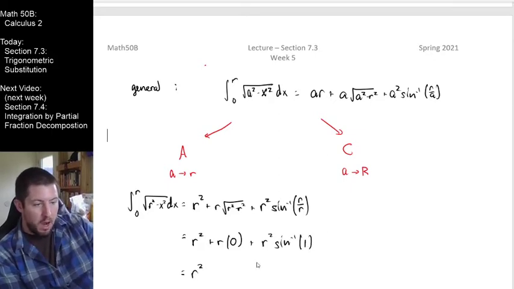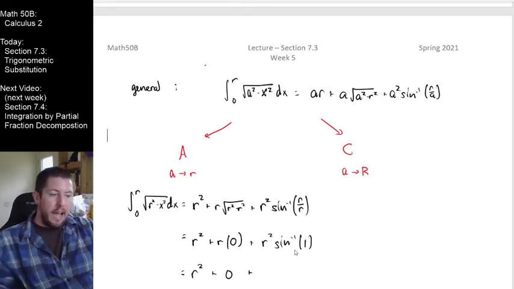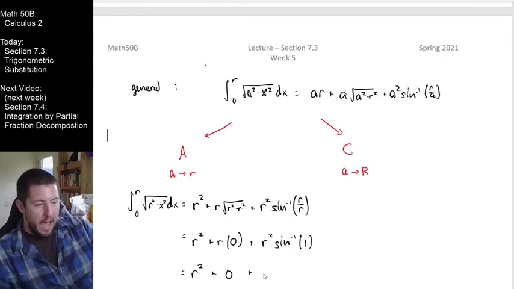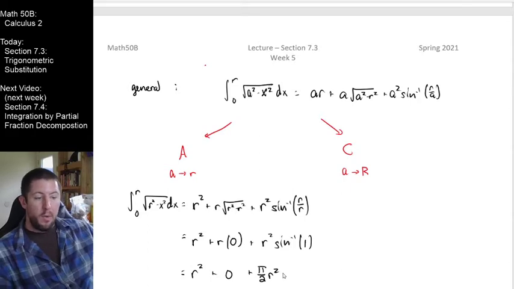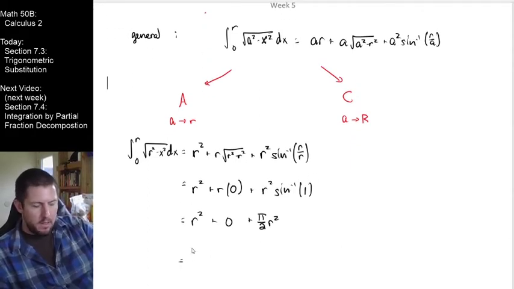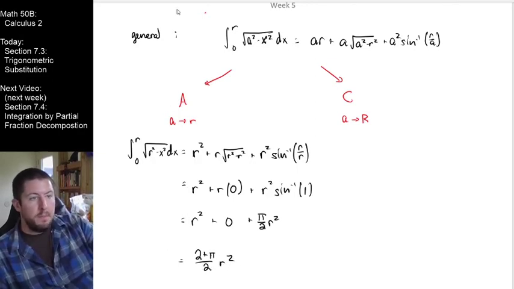Sine inverse of 1 is saying what angle gives us a height of 1, and that should be pi halves. So we have 1 r squared plus pi halves r squared, which is 2 over 2 plus pi over 2, so 2 plus pi over 2 times r squared. That seems to be the result that I'm getting for a.